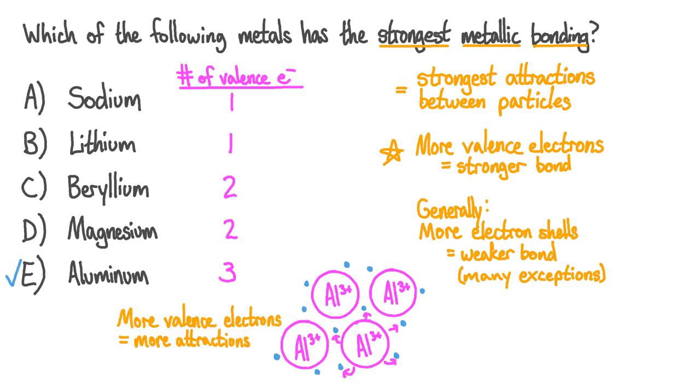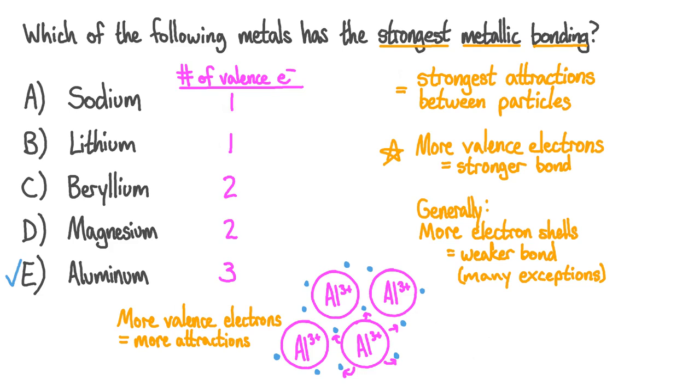In the case of aluminum, each positive ion has more negative electrons around it, leading to more attractions and a stronger bond. In this problem, we did not end up using the second relationship between the number of electron shells and the bond strength. If there were multiple metals that were tied for the highest number of valence electrons among the choices, we could use this second relationship as a sort of tiebreaker.